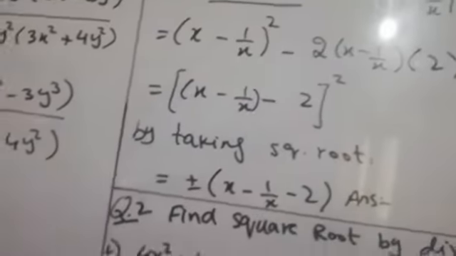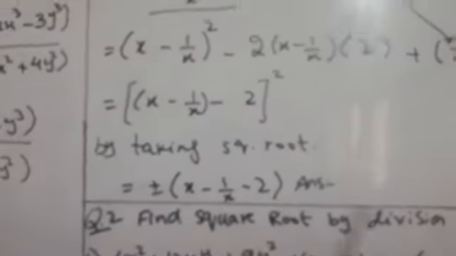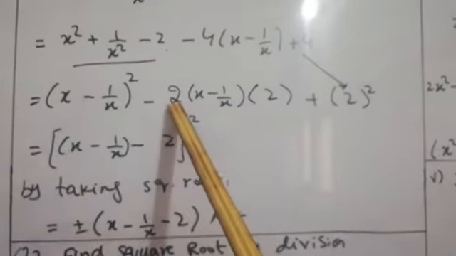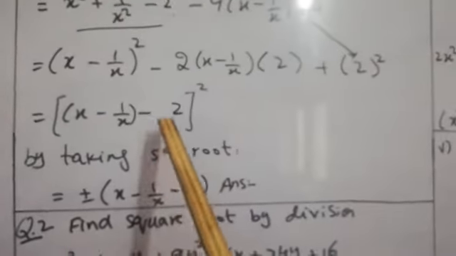And you can see that now this turns into the form of the formula a² − 2ab + b². So write this as (a − b)², and now we will take the square root and we get plus minus (x − 1/x − 2) as the answer.